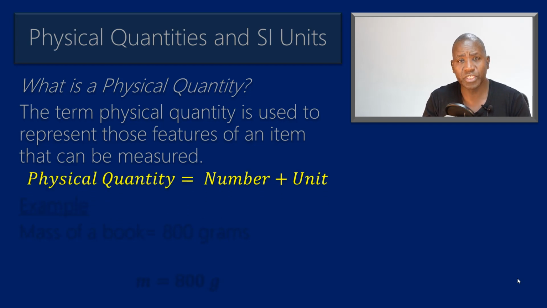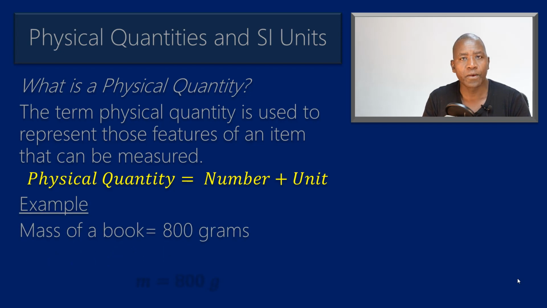So the equation which is associated with this definition is physical quantity is equals to number plus unit. For instance, we can talk about mass of a book being 800 grams. Mass is the physical quantity. Book is the item. 800 grams is the magnitude of that physical quantity. So you can see the rule has been obeyed here.